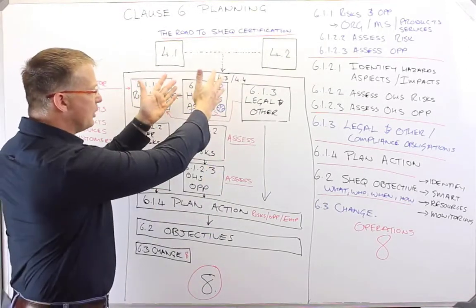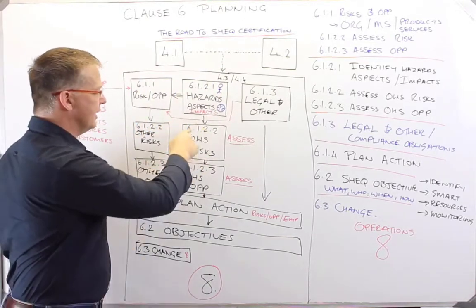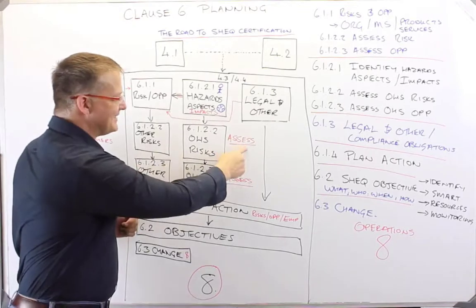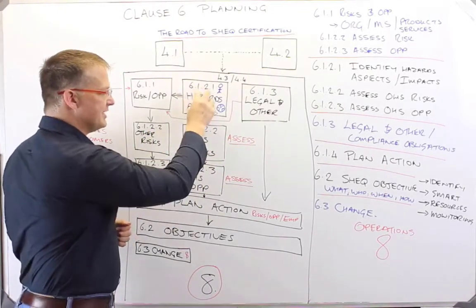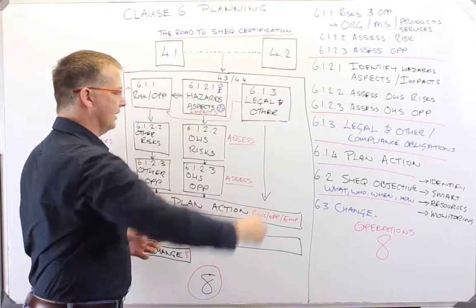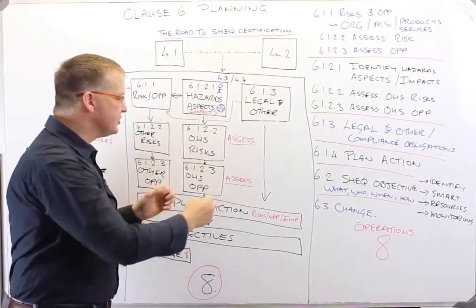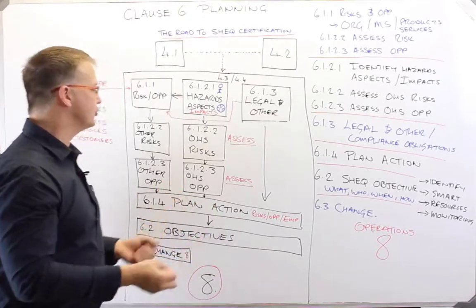So from 6.1.2.1 in 45001, we move through to 6.1.2.2, where we now assess the OSH risks to the associated hazard. We've identified what is the source of injury or ill health. We now assess, we have criteria, we have methodologies for assessing the risks and determining the controls.